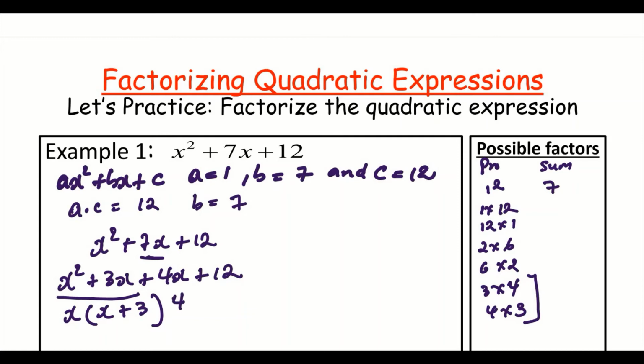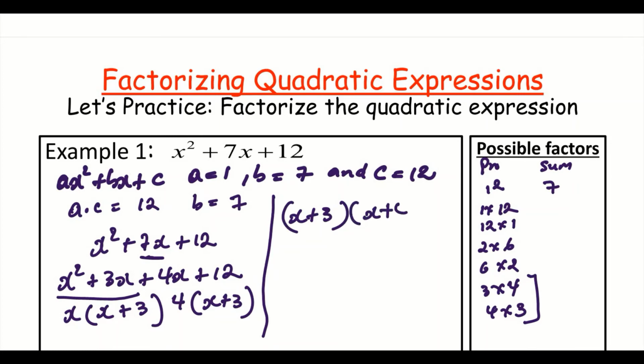That number is 4. So 4 into 4x goes x times, and 4 into 12 goes 3 times. So hence, our factors are x plus 3 and x plus 4. And those give us our factors for x squared plus 7x plus 12.